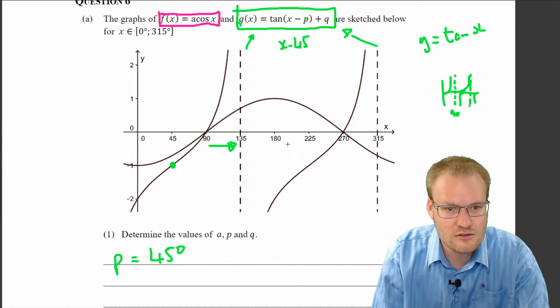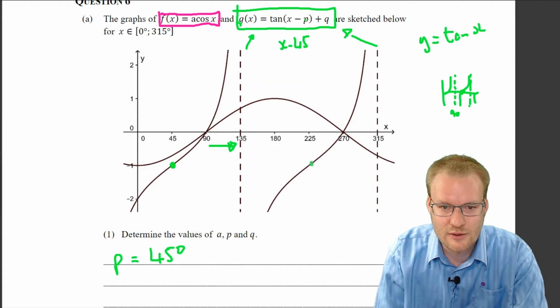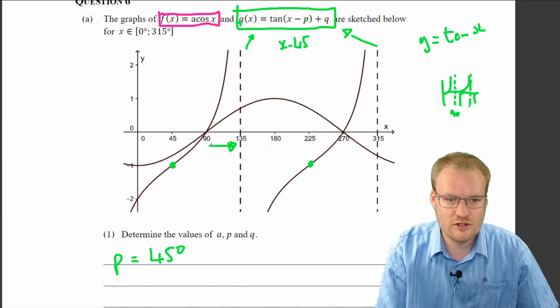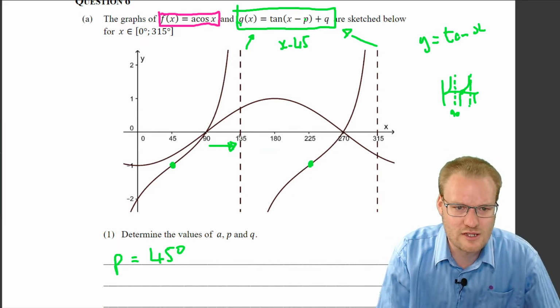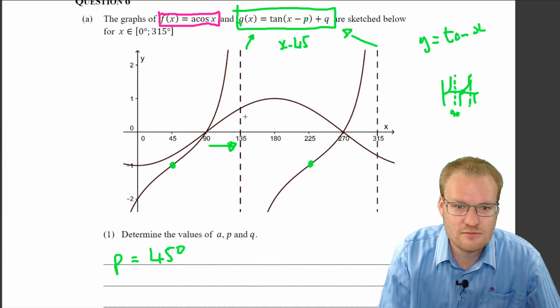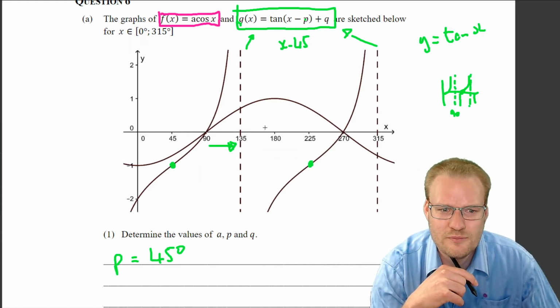Am I speaking nonsense? No, I'm not. Here we go, you can see that it's doing that curl down here, and it's doing it halfway between 0 and our asymptote here. So it's moved down. So what's our value of q then?